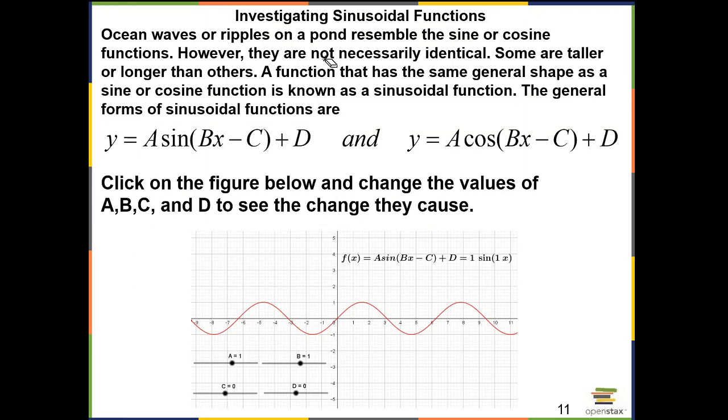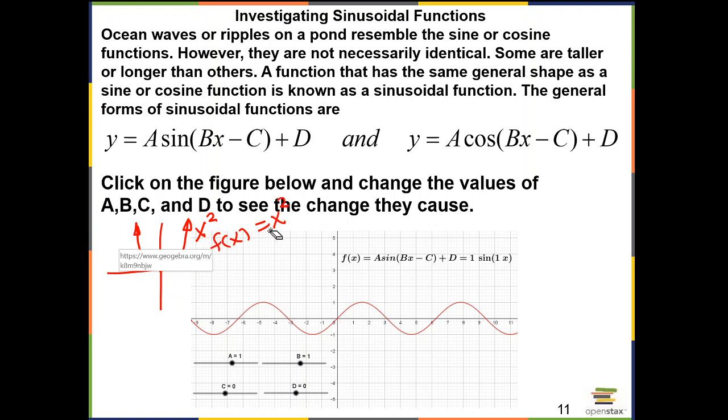All right. Now, of course, that's just the original sine and cosine function. Just like you know in algebra, if we have the x squared function, f of x equals x squared, let's write it here.